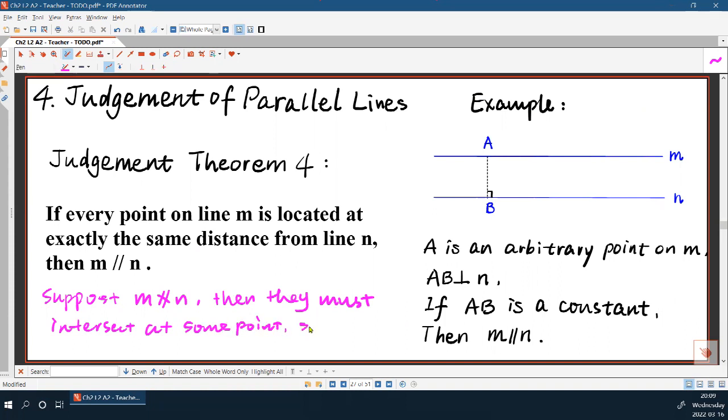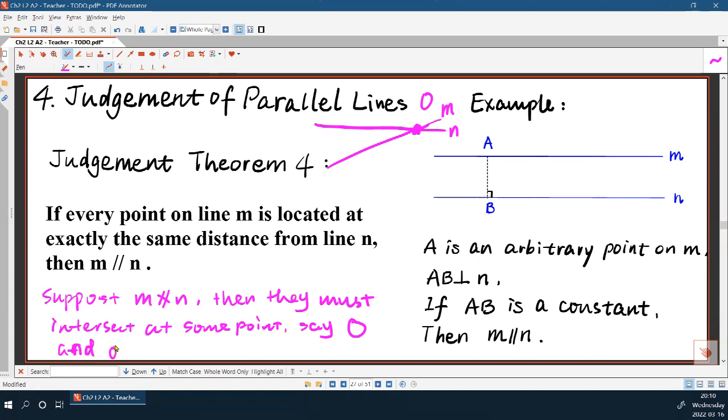Let's say they intersect at some point O, because if they are not parallel, they must intersect. Let's call this point O. At point O, we can find the distance between O and line N, right?